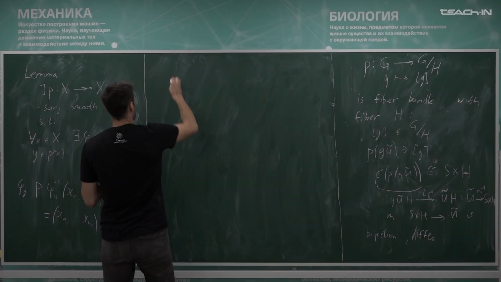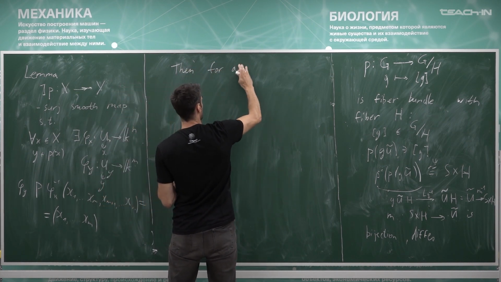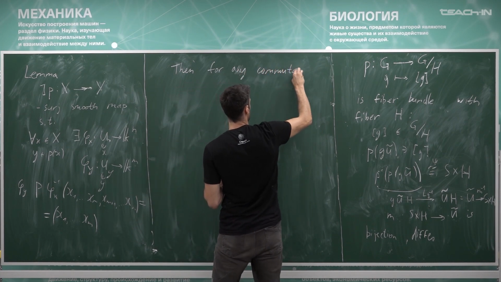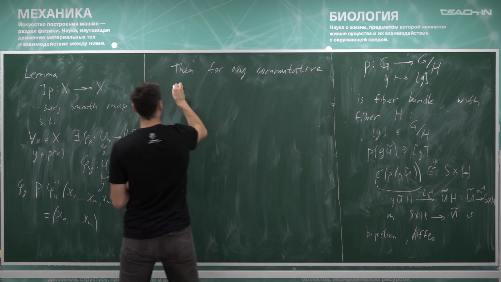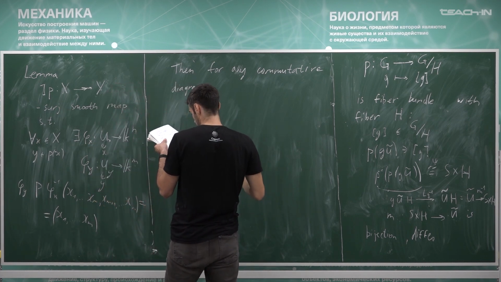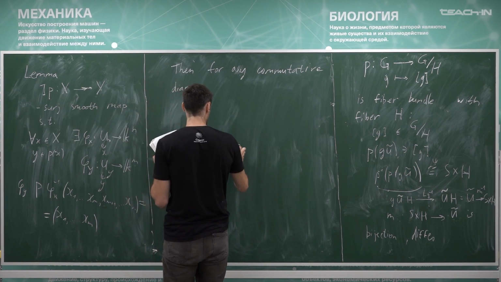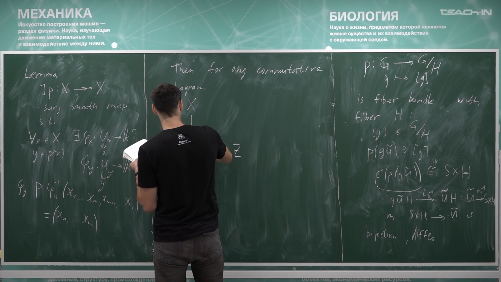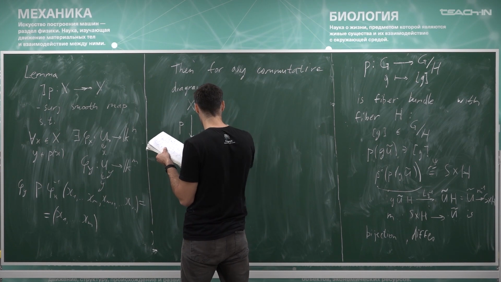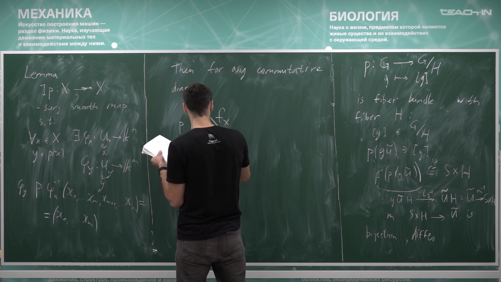So suppose I have a smooth surjective map such that around each point we have coordinates such that this map in these coordinates just forgets about some number of last coordinates. Then for any commutative diagram like this, x, y, z, from x to y I have p, and then I have two maps, from y to z and from x to z. This one we will call f x, this one we will call f y.